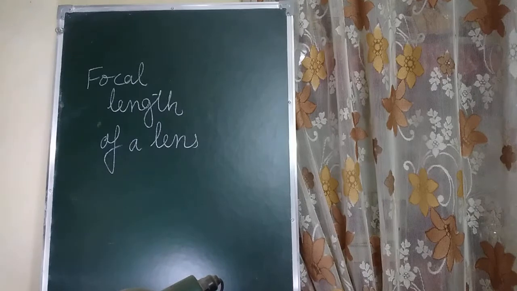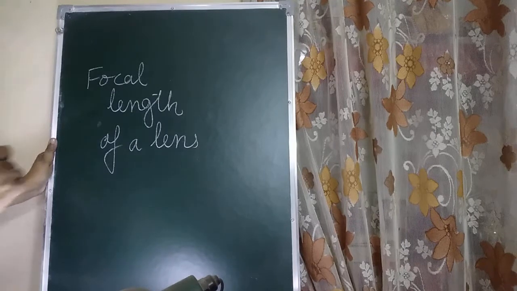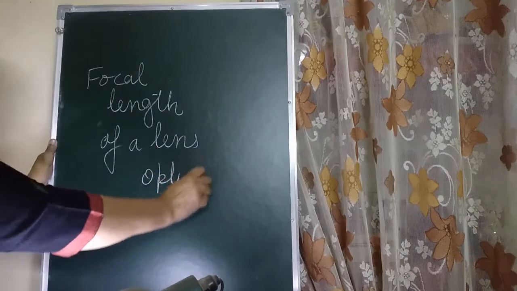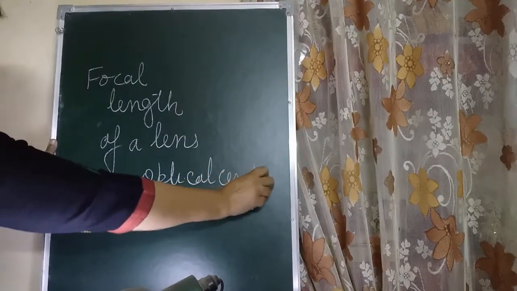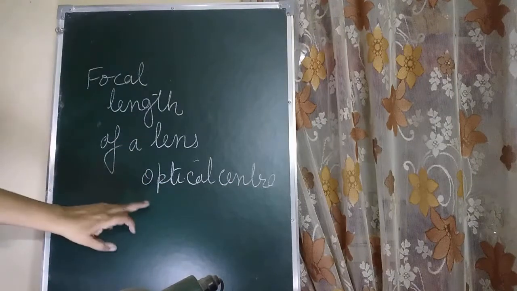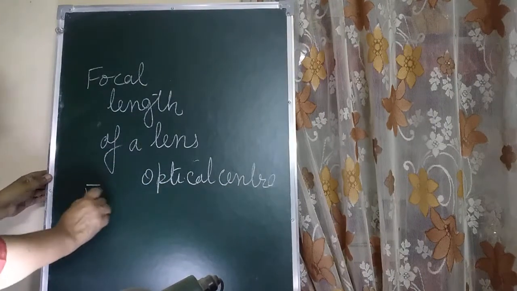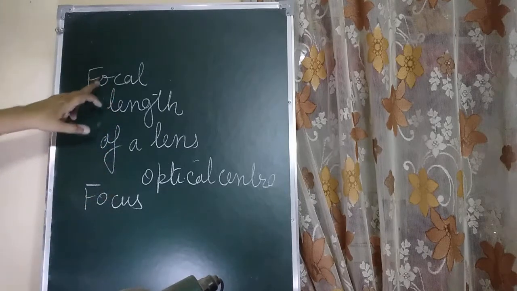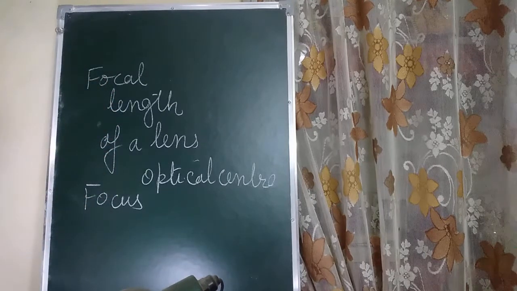The distance between the optical center and the focus of the lens is called the focal length. Distance between the optical center and the focus of the lens, that is known as the focal length of a lens. Okay.